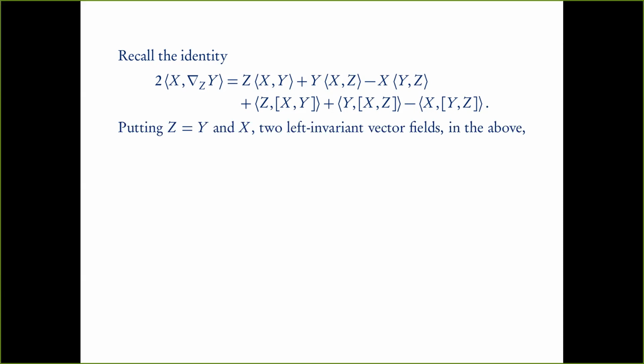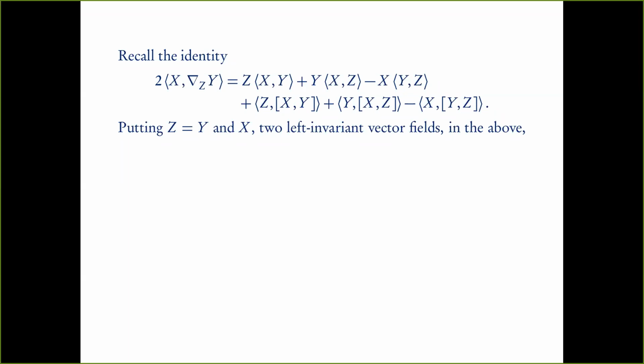So what is the inner product <x, y>? Any guesses? So x and y are left invariant vector fields. Is it a constant, for example? Yes. So why is it a constant?